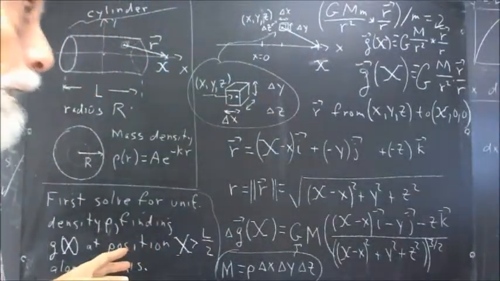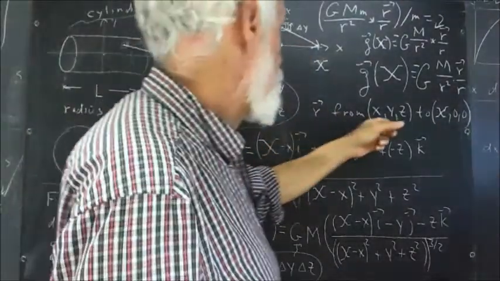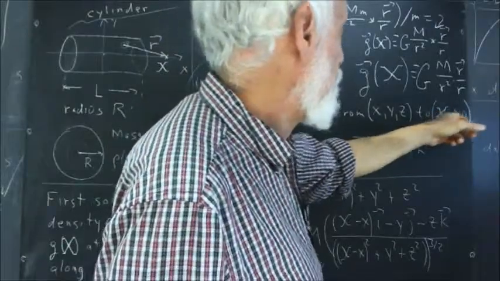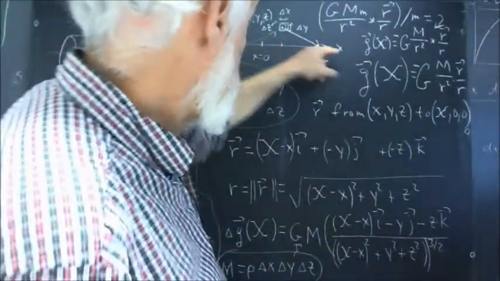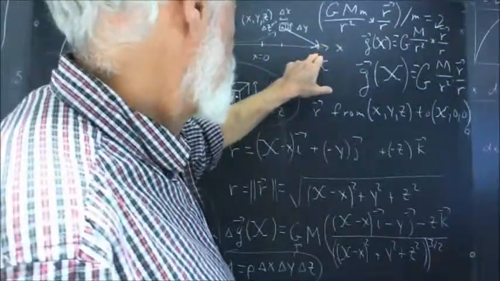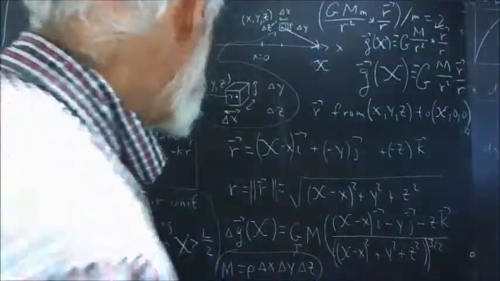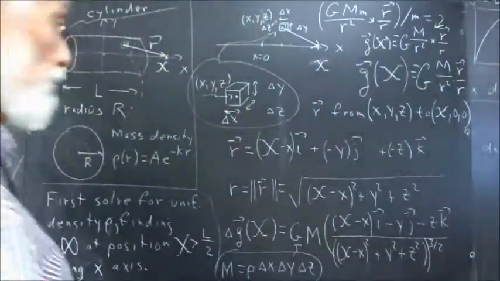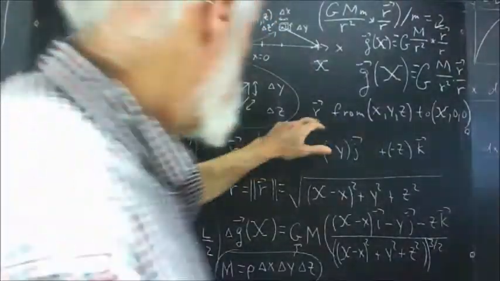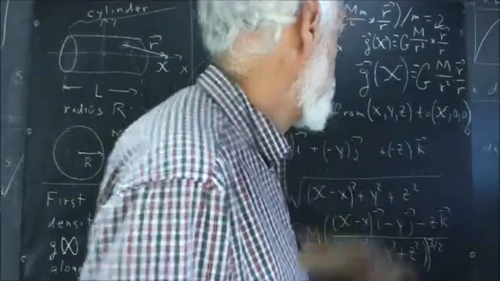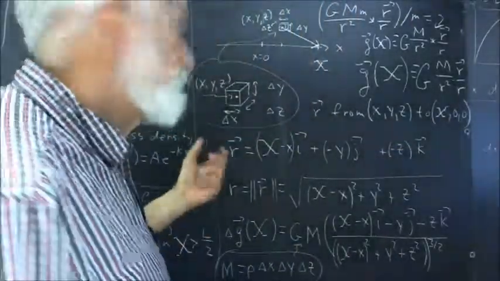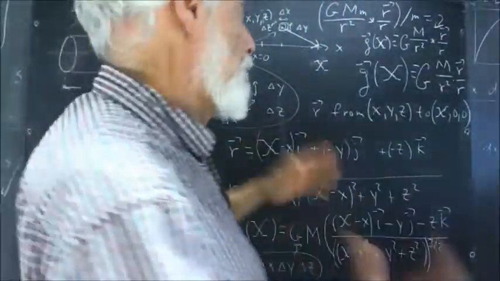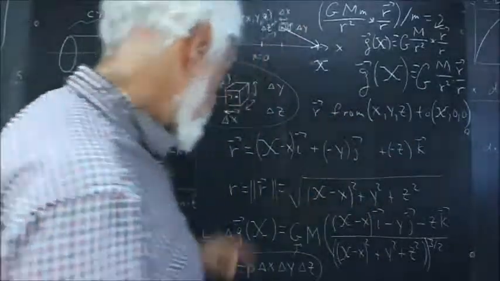Okay, so R is a vector from x, y, z to big X, 0, 0, because, of course, this is on the x-axis. It has 0 y and z components. This is an arbitrary point x, y, z, anywhere within the cylinder. So what is the vector R from x, y, z to big X, 0, 0? You should stop and think that through before you look at this.